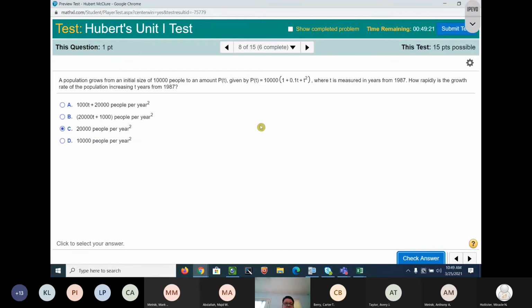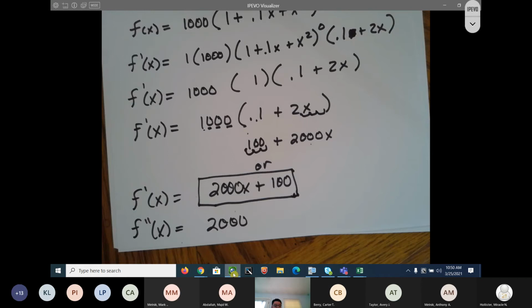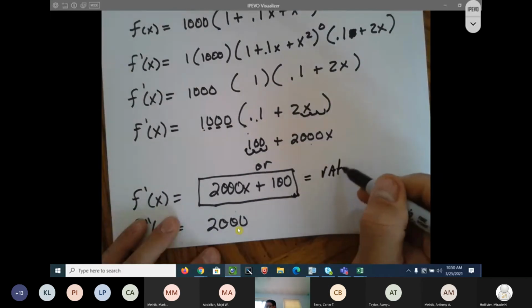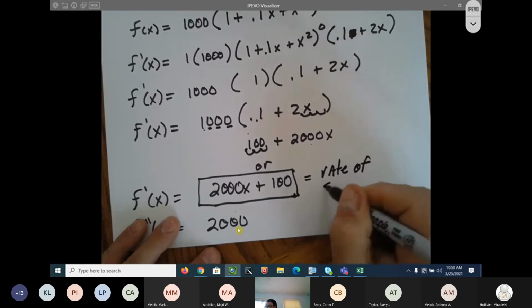We did that problem the other day where we were doing the deer population. Y'all remember doing that? Yes, sir. And the second derivative is your growth rate. First derivative is your rate of change. I'll write that down for you. This is equal to the rate of change. And what else is it?